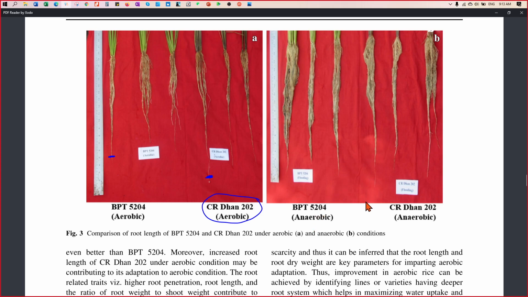But when both varieties are grown in anaerobic condition, you can see that the roots are a similar length, but the BPT, which is the anaerobic type, has more root mass. The root looks massive compared to this root here, which looks much less.